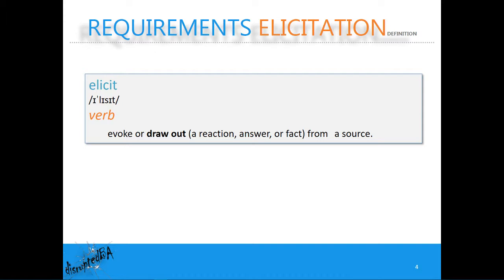I specifically didn't use the term person or system or anything like that, because you would be getting information from many different sources. You might be speaking to actual stakeholders, looking at existing systems, doing research on existing documents, and so forth. So any source that's at your disposal, you'll be using to elicit information from.